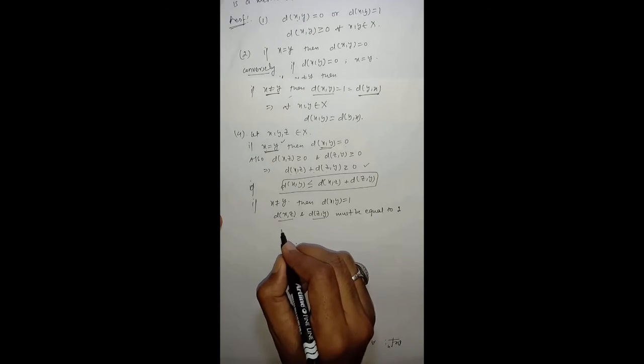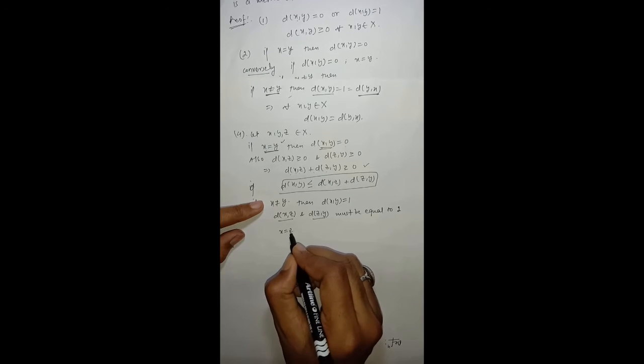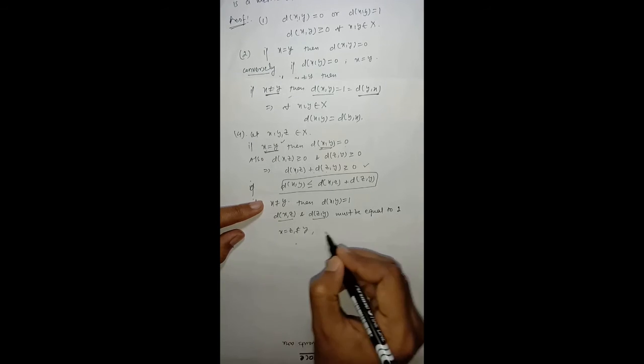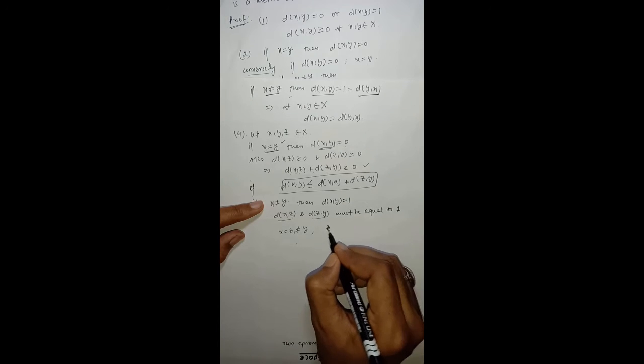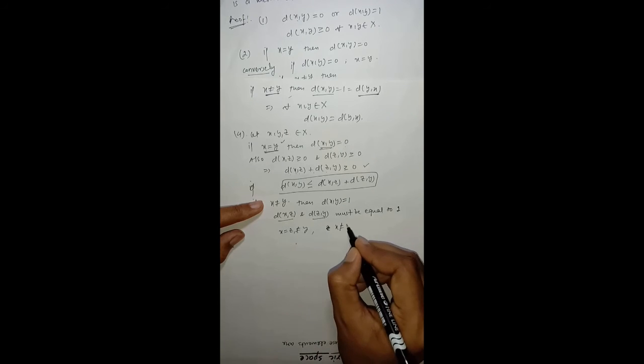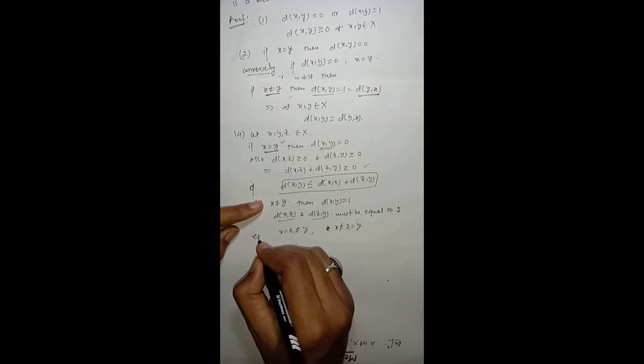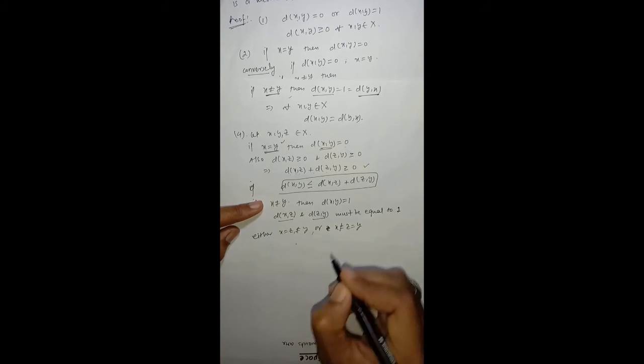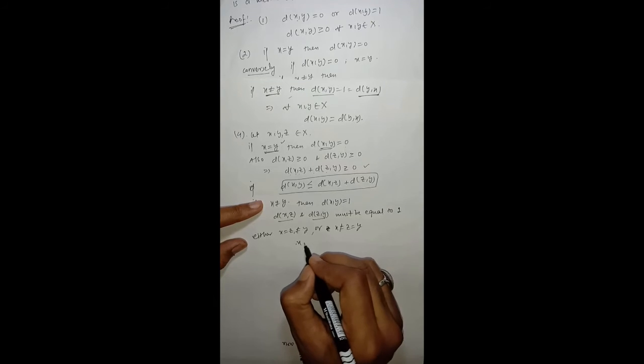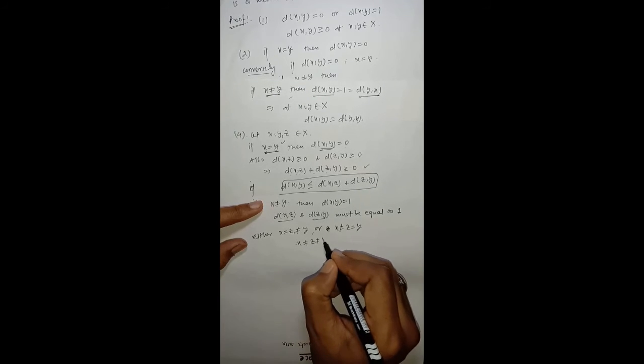Because x is not equal to y, there are three cases: either x is equal to z but not equal to y, or x is not equal to z but z is equal to y, or x is not equal to z and z is not equal to y.